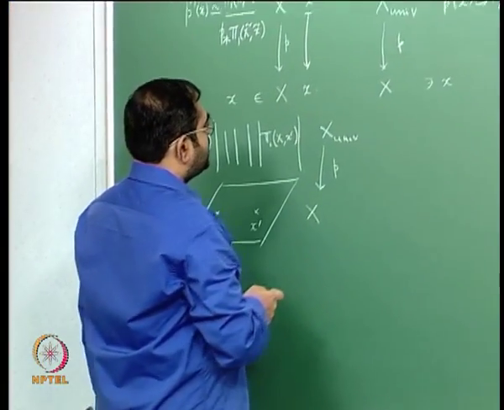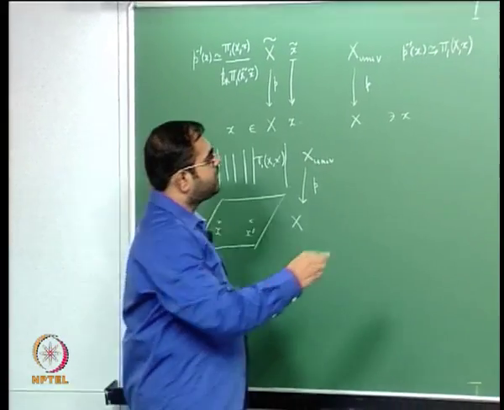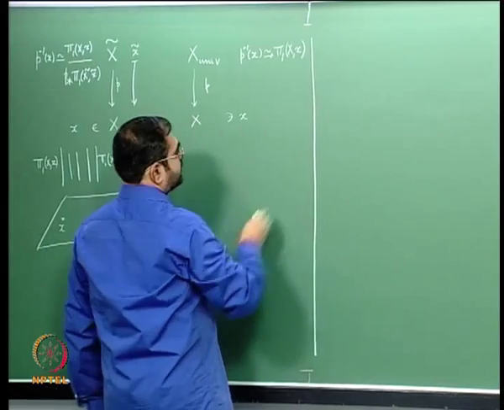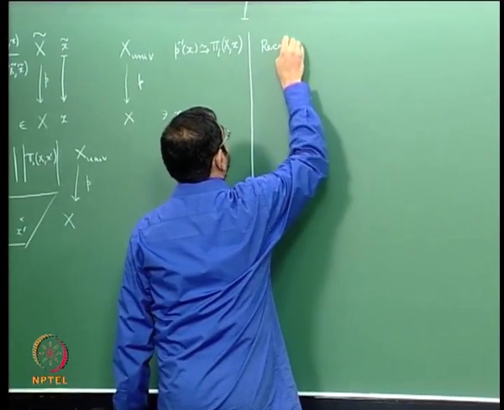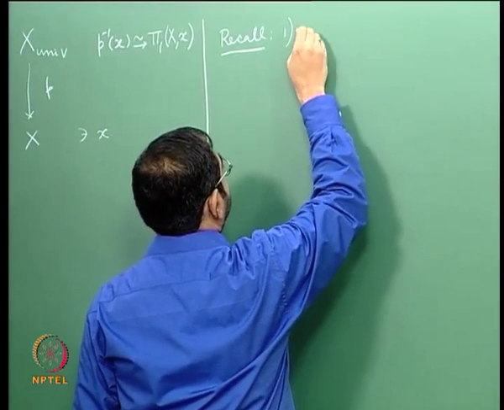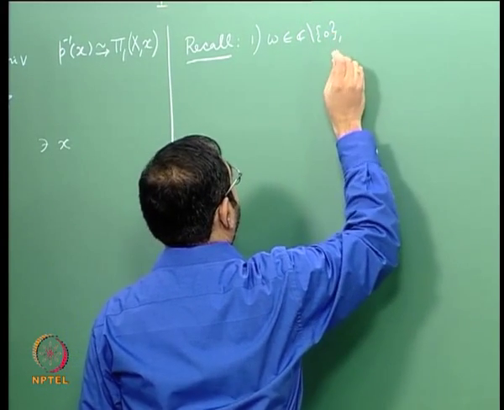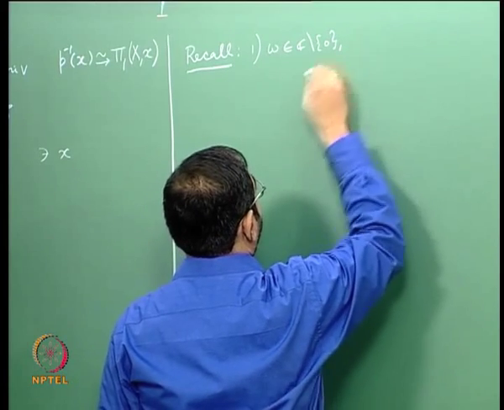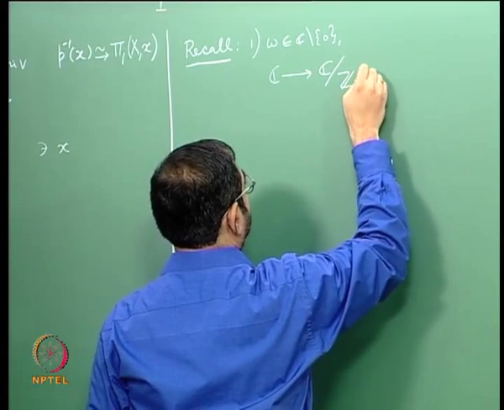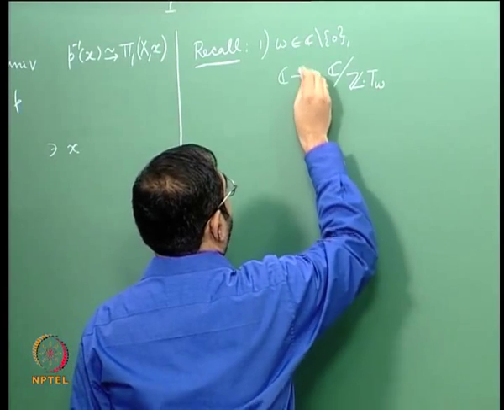Okay, we need to also look at another question. Let me recall again that we looked at these basic examples. We started with a non-zero complex number omega and looked at the map from C to C mod the group of integer translations by this non-zero complex number.